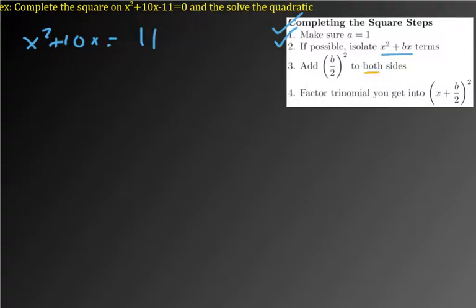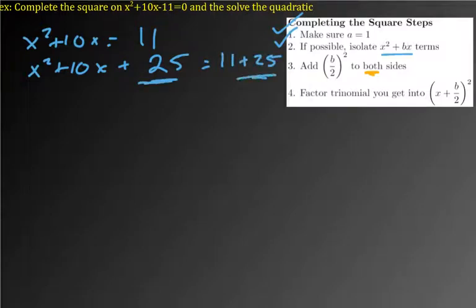That's the really important part, both sides. So b is 10. In this problem, if I add b over 2 squared, that would be 5 squared, which is 25. And I'm just going to add that to both sides. This just does nothing. It's like I've added 0 in a sense, because I've just added it to both sides of an equation. It's still balanced out then. Okay, so that's done.